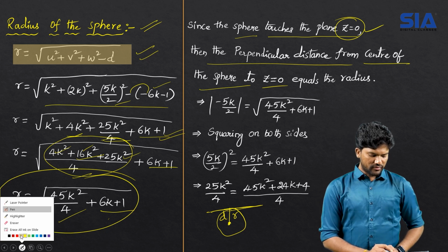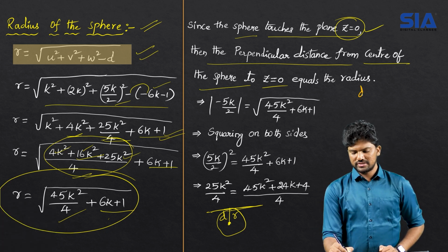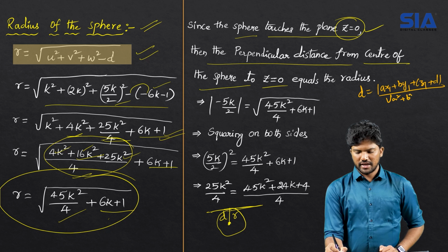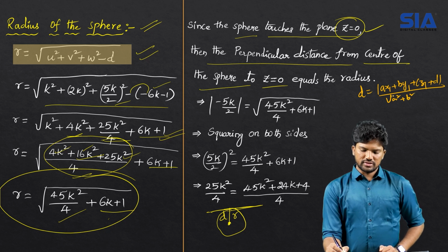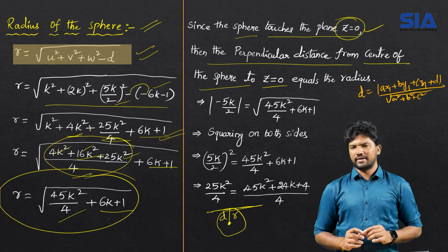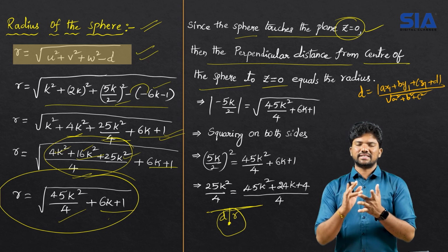The perpendicular distance from the center of the sphere, you know very well, small d is equal to mod of a x1 plus b y1 plus c z1 plus d by under root of a square plus b square plus c square. This is the perpendicular distance formula in three-dimensional space whenever you take x, y, z axes.